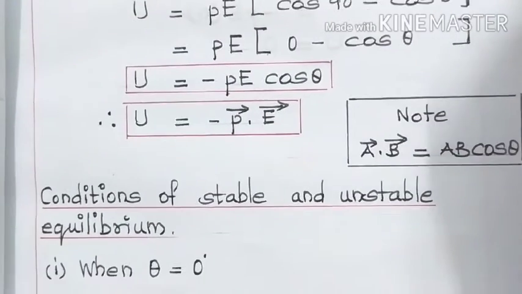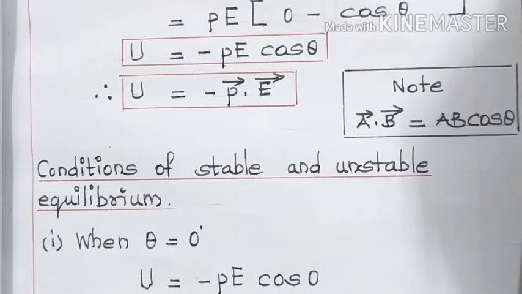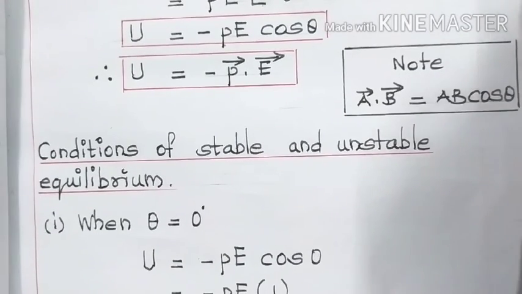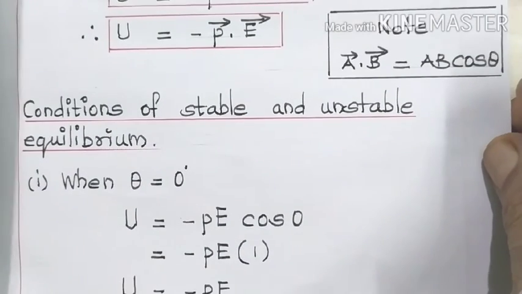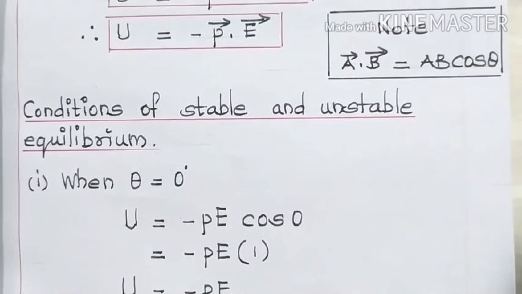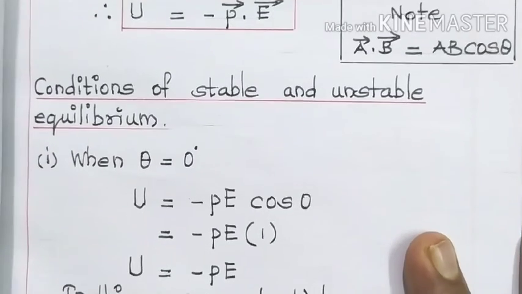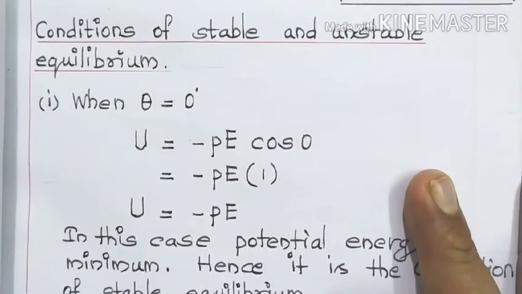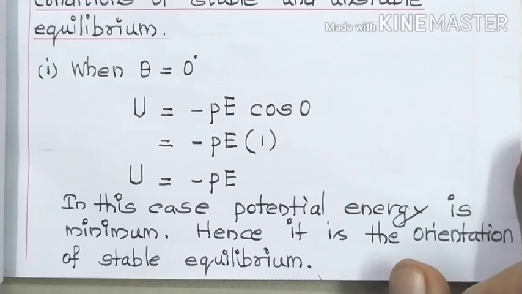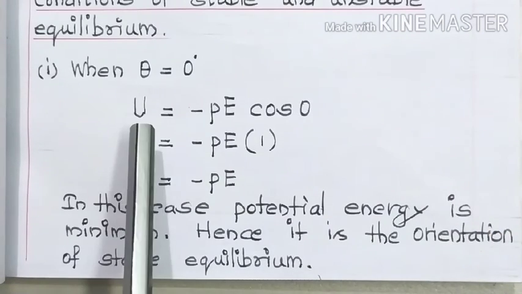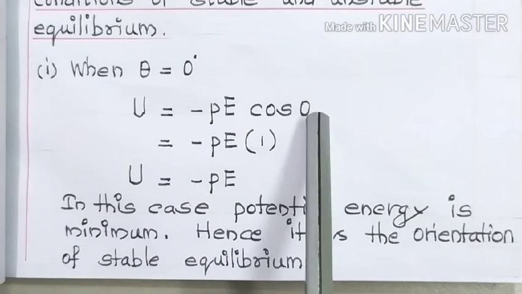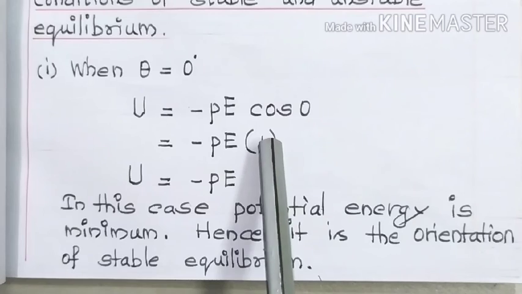Sometimes they may ask for the conditions of stable and unstable equilibrium. So it is better we learn them also. So first case is when theta is equal to 0 degree. Then what will happen? U is equal to minus PE cos 0. The value of cos 0 is 1.